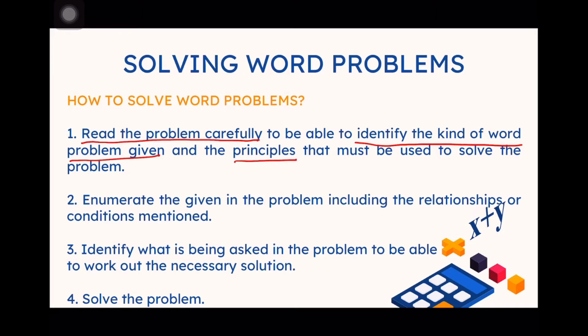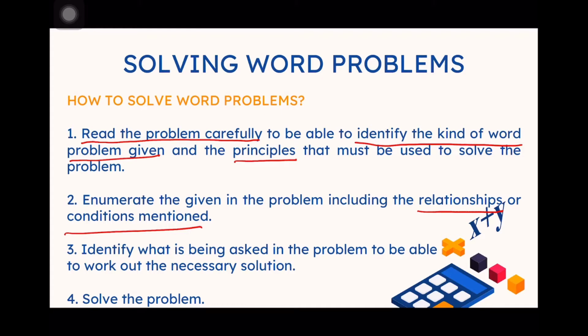Actually, in college, we still apply the same basic principle. Being able to create a systematic way of solving word problems will definitely make it easier for us to solve any problem we encounter. So upon reading it carefully, number 2 is you have to enumerate the given in the problem, including the relationships or the conditions that are mentioned.